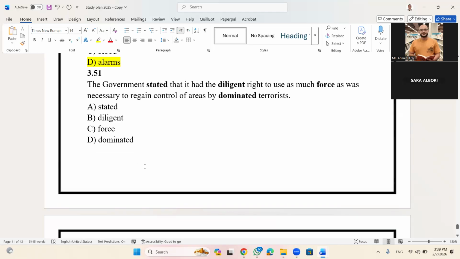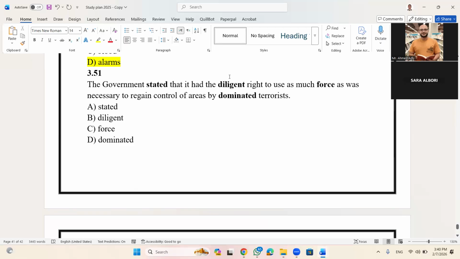Next. The government stated that it had a diligent right to use as much force as was necessary to regain control of areas dominated by terrorists. So this statement talks about the government making a statement, and they want to say that they have the right to use force to regain and take back the areas controlled by terrorists. But which right are you talking about?